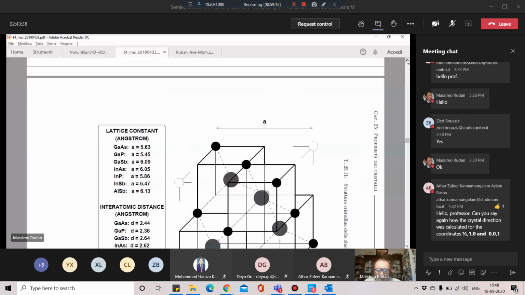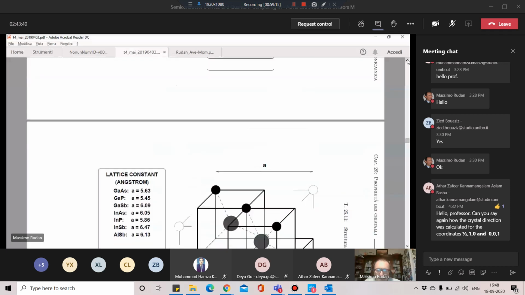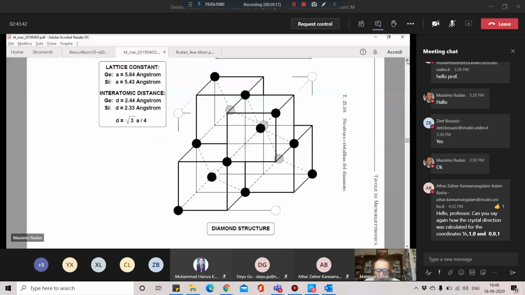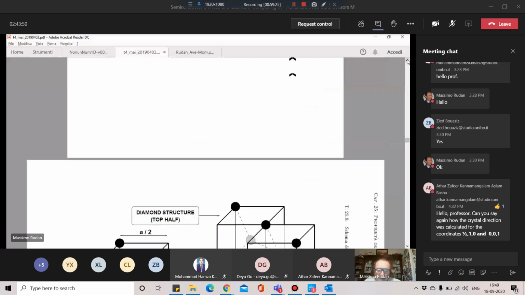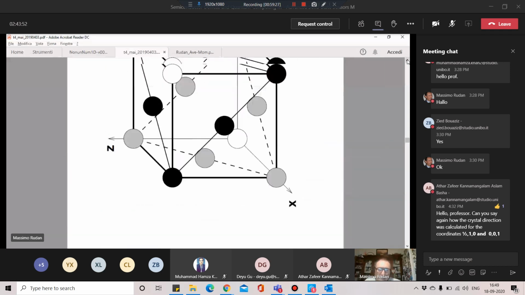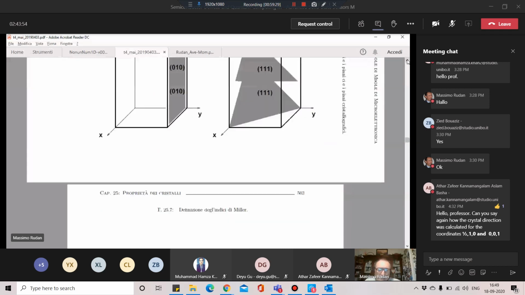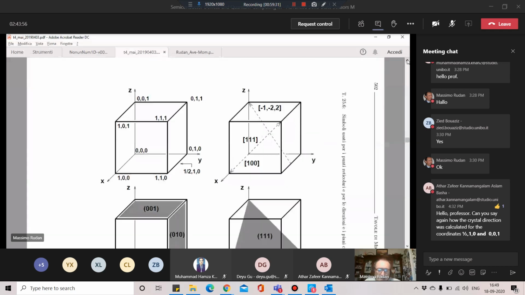Now we have a question. If we start from a cubic cell, let's take the simple one, okay?